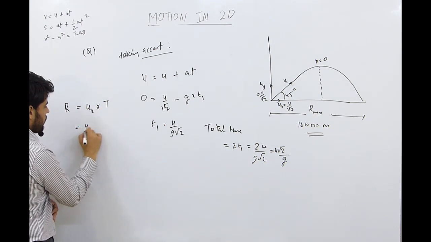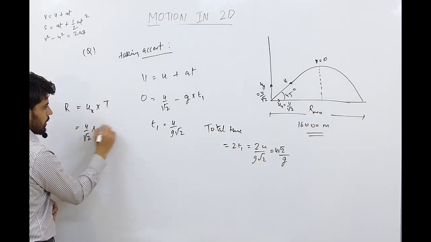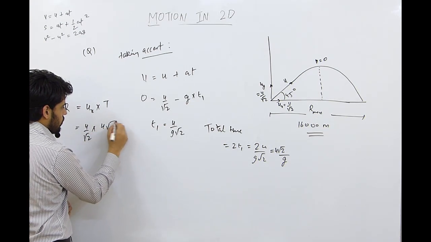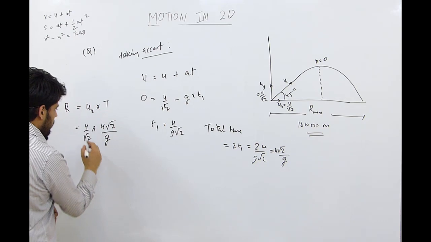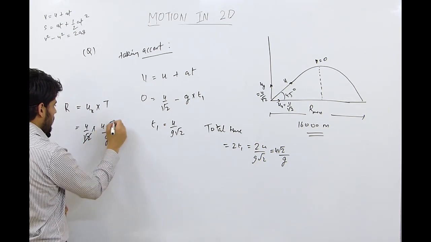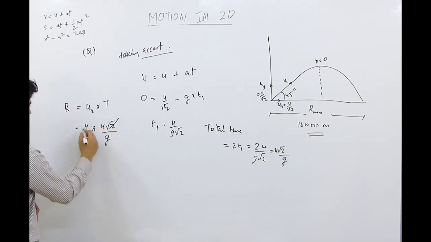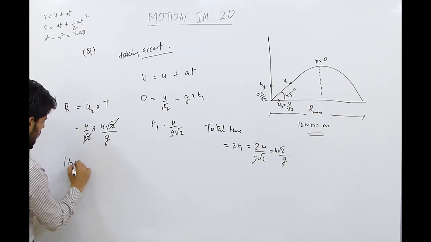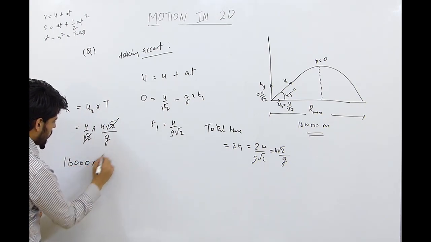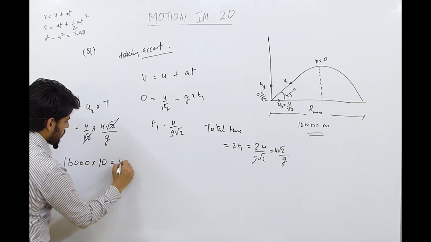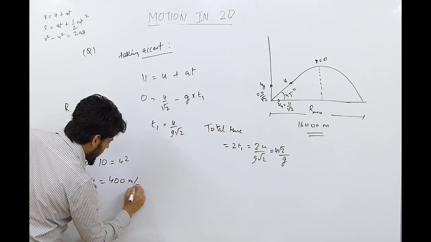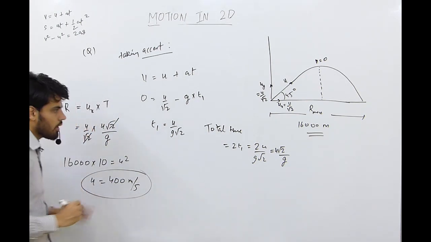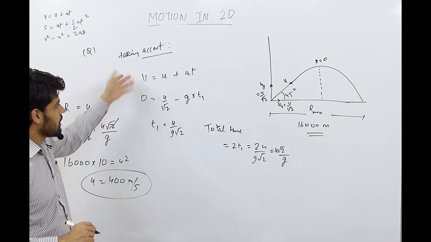So ux is u by root 2 into u root 2 by g. Fine. So root 2 and root 2 got cancelled, so we have R is 16,000 into g, which we took as 10, is equal to u square. Again u comes out to be 400 meters per second. This is just as in the previous case.